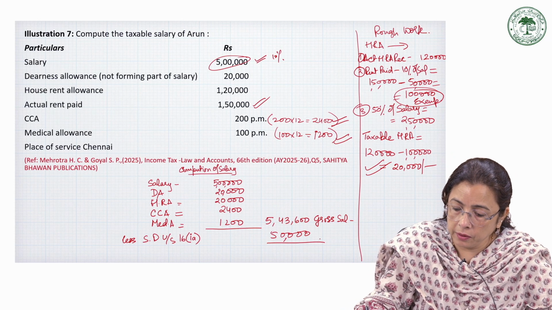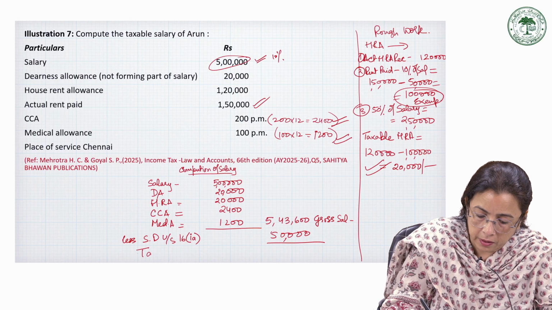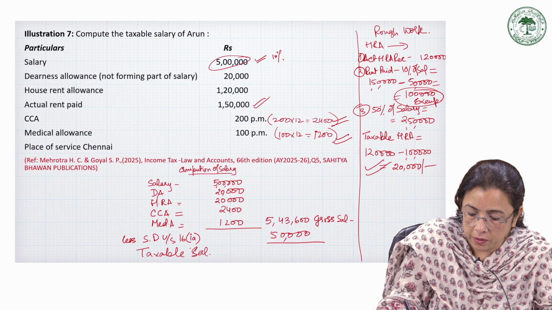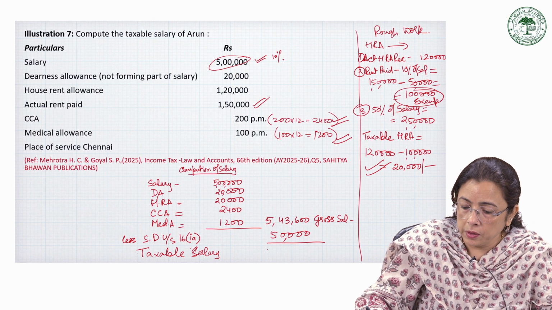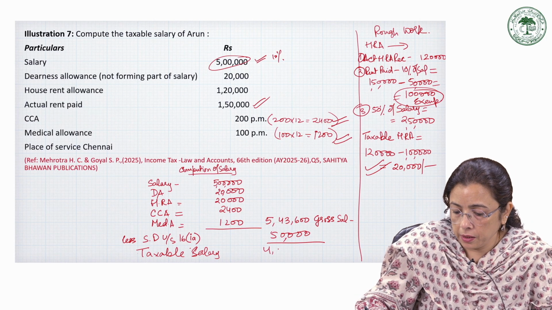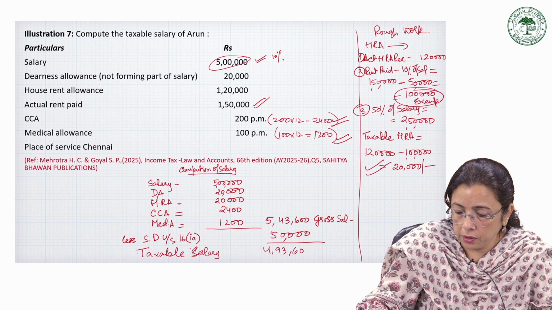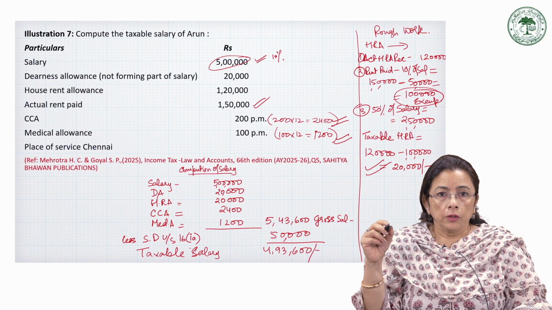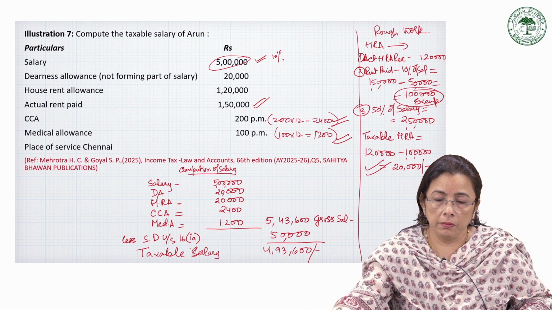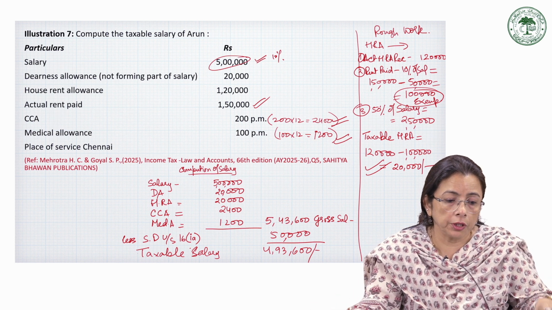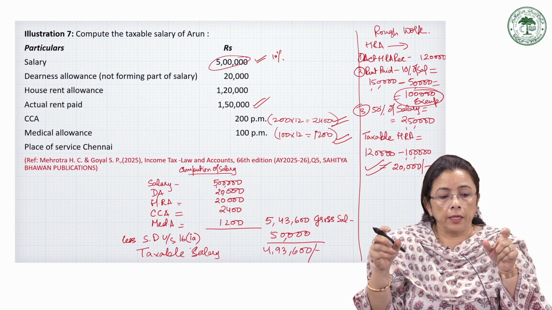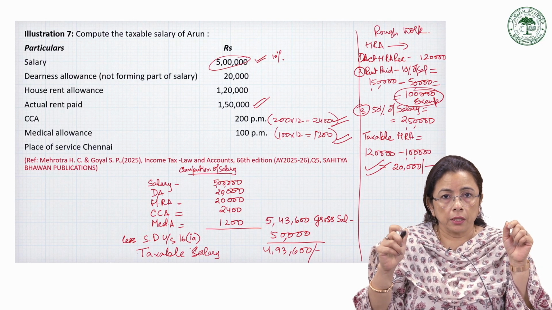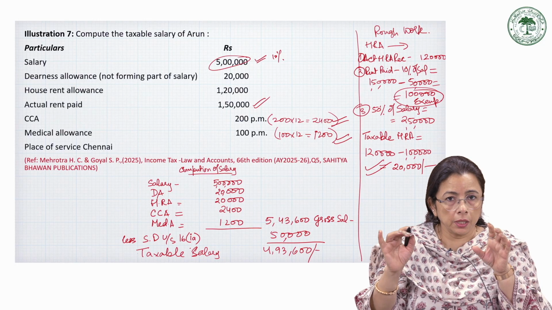Once we deduct that, we get the taxable salary, which is 4,93,600. So this is a comprehensive question where I tried to take in all the heads that we have already discussed in the theory part, and I hope this is clear to you.